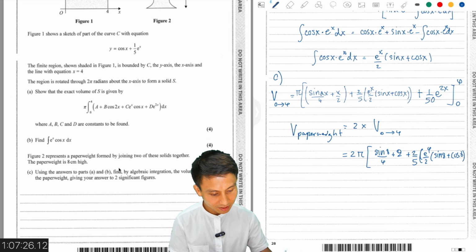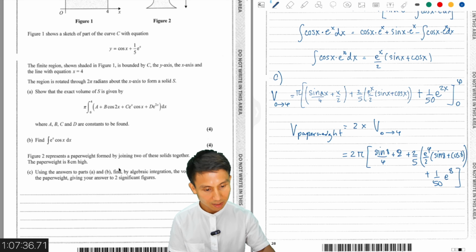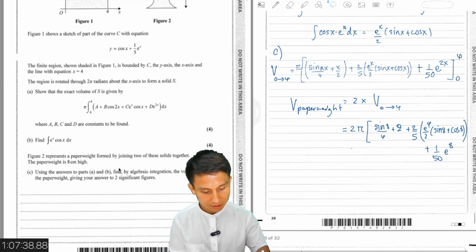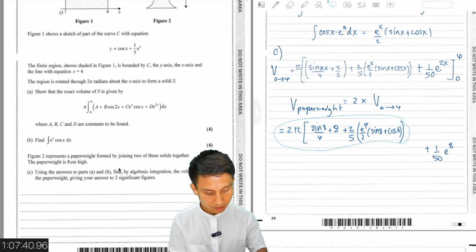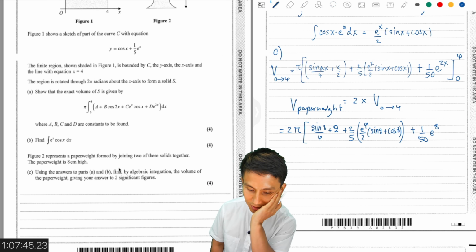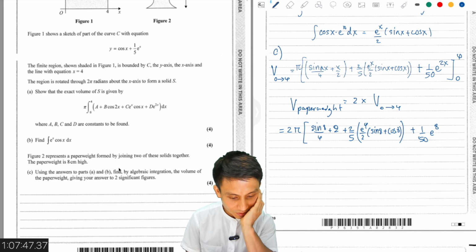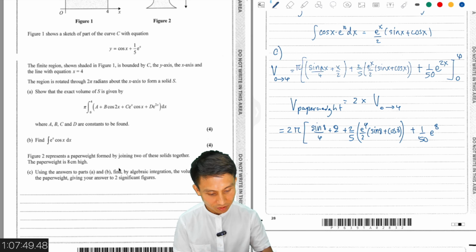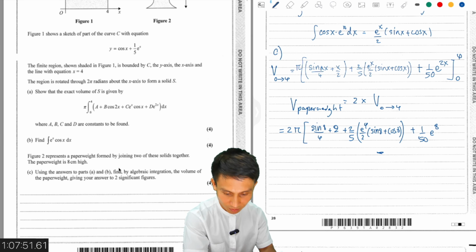Right. And then multiply here, and plus 1 over 50 e to the 8. That's just the upper limit, guys. Now if we sub 0 in, the sine disappears, the x disappears. So what do we have left? We just have minus the lower limit.